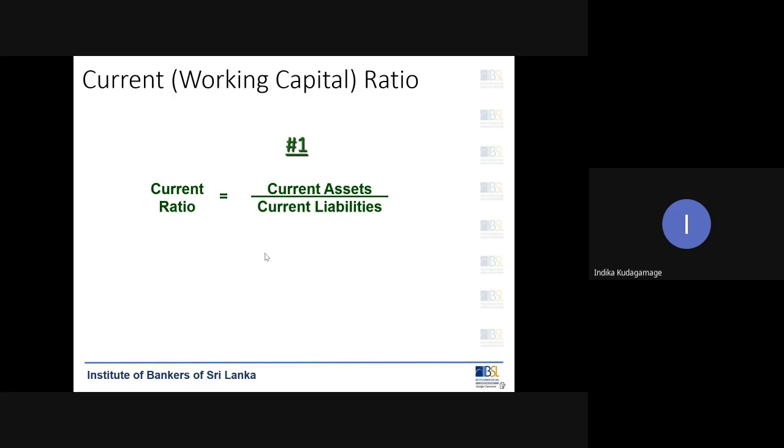So by working on this current ratio, what do we look at? We look at what is the coverage these current liabilities have from the current assets. Why? Our thinking is, I told you this, current liabilities are settled by liquidating, that means selling, current assets.